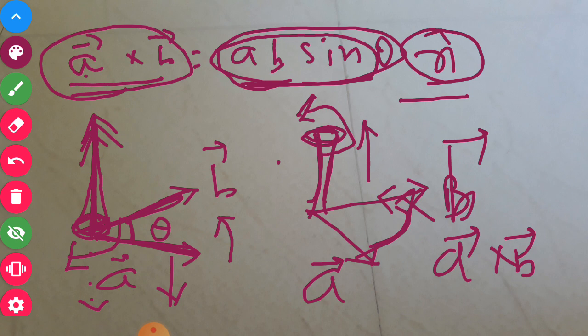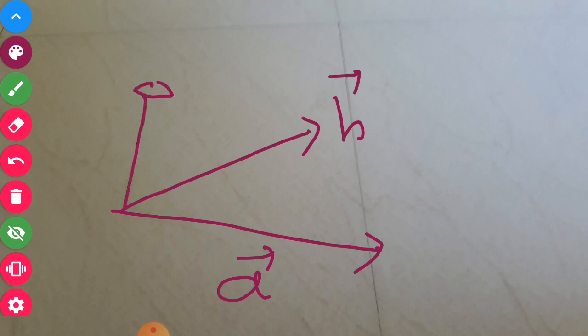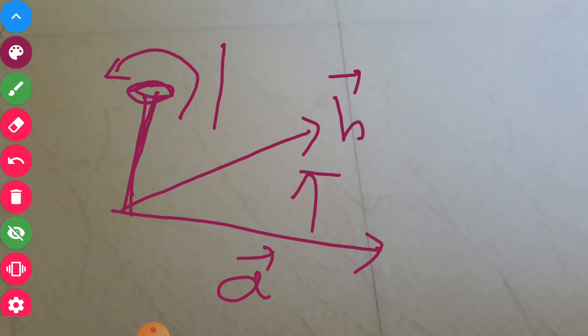Say you have these two vectors A and B, and you keep the screw like this. Now if you rotate vector A in the direction of B, it will move in the upward direction. So if you are finding A cross B, the direction of the resultant vector will be upward.